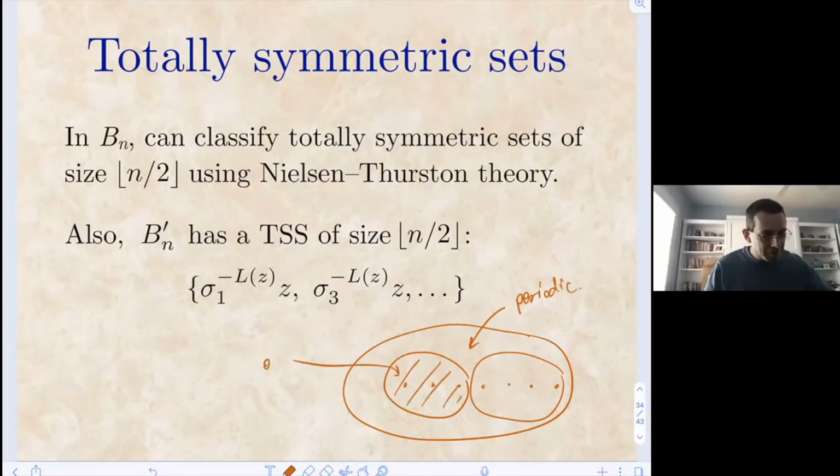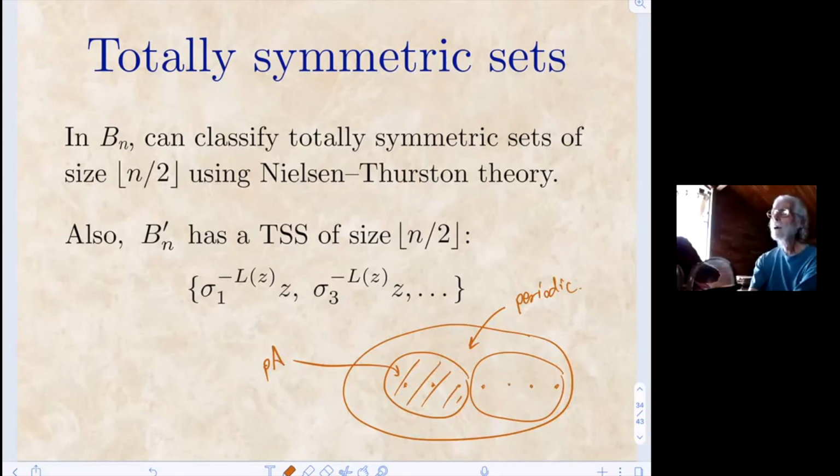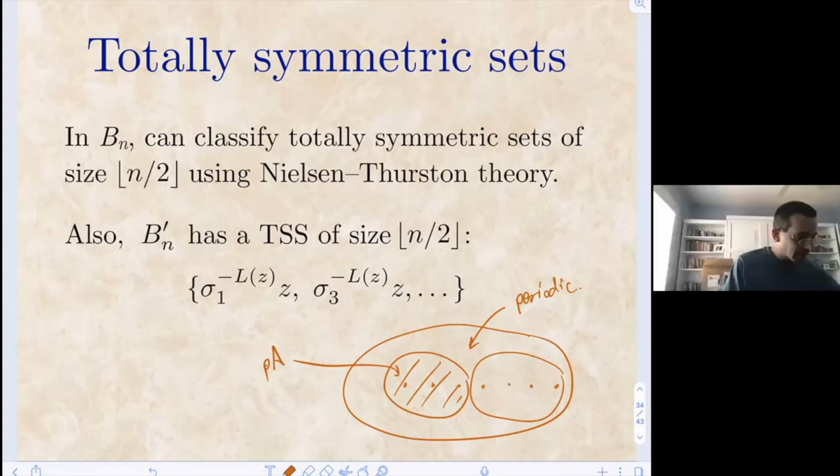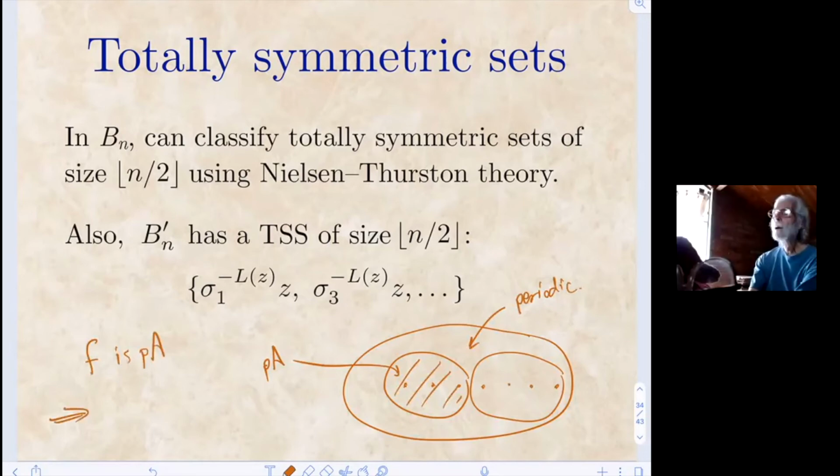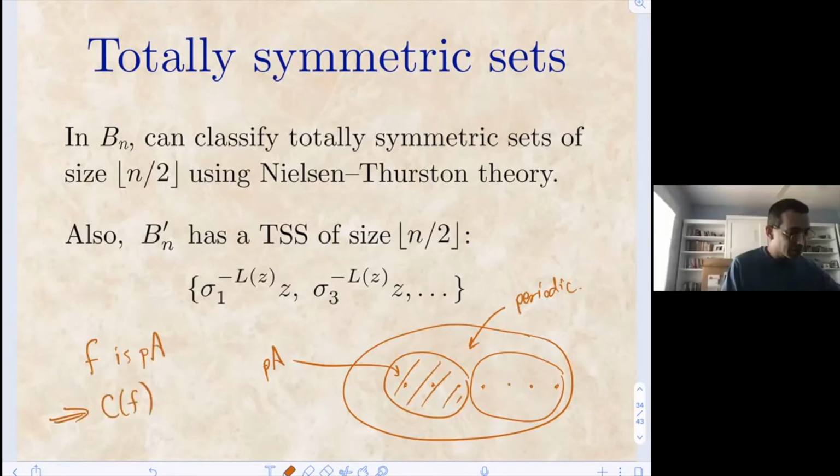Now, I can't tell you in just 1 minute what pseudo-Anosov means, but the important thing about pseudo-Anosov is that if F is pseudo-Anosov, the centralizer of F, C of F, is cyclic. In the case of the Braid group. In the case of the mapping class group, it's virtually cyclic. So that's how you use it.